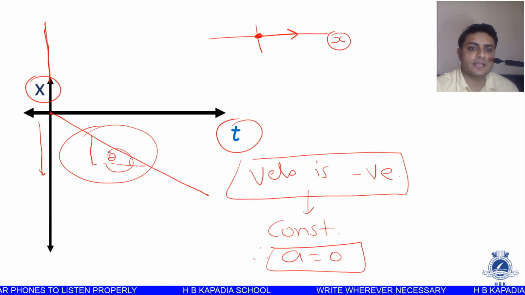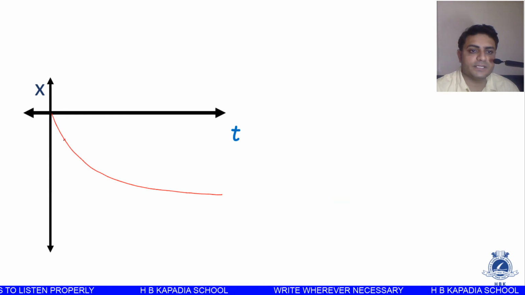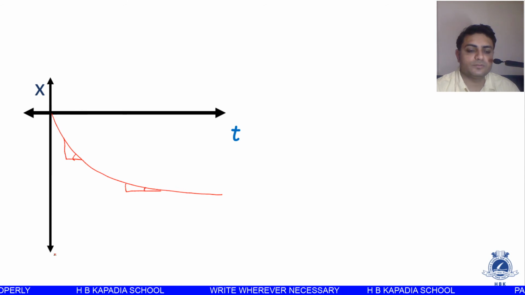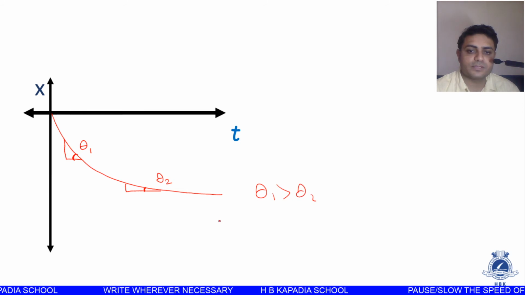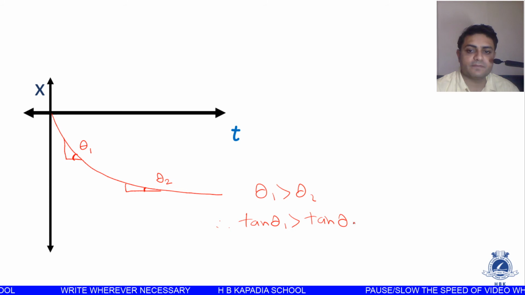In previous cases the angle was theta, here also we have an angle theta, but in this case if we find out theta at this point and similarly theta at this point, of course this is theta 1 and suppose this is theta 2. Apparently we can see that theta 1 is greater than theta 2, so tan theta 1 will be greater than tan theta 2. So if tan theta 1 is greater than tan theta 2, then we can say velocity v1 will be greater than v2.